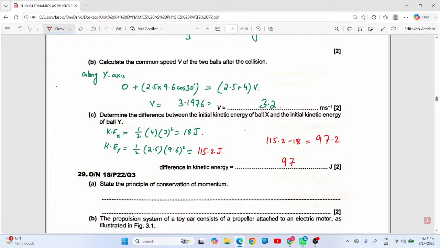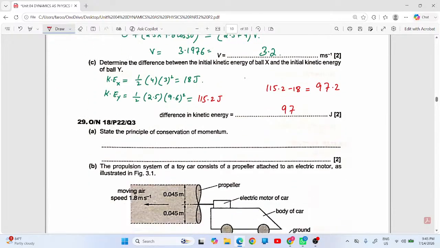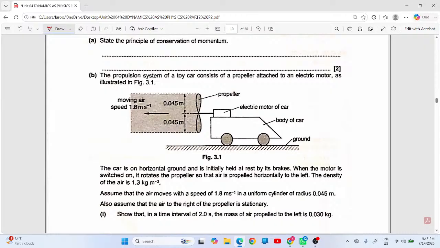Okay. Next, question number 29. State the principle of conservation of momentum.